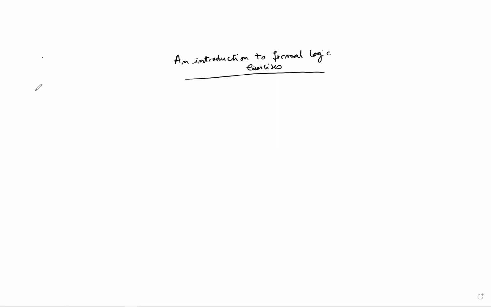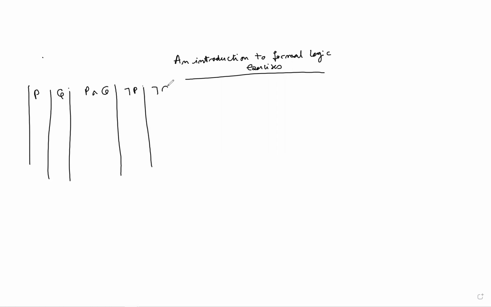So for the first question, I will need P and Q. Then I will need not P, not Q, and not P and not Q. And then I will need P and Q, or not P and not Q. Same thing as usual, 0, 0, 1, 1, 0, 1, 0, 1.